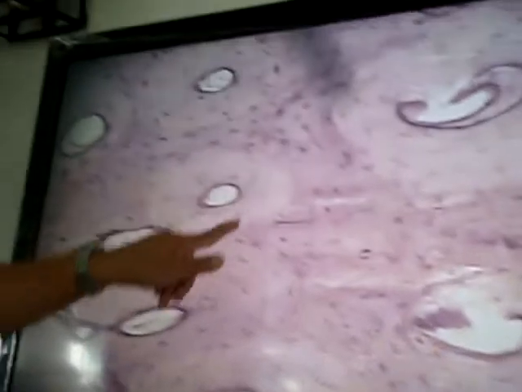These are mineralized organic matrix. This is your Haversian canal, and then it is surrounded by concentric lamellae. Concentric lamellae are mineralized organic matrix.